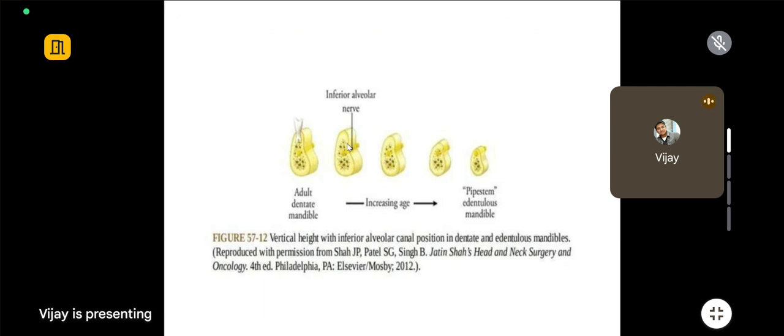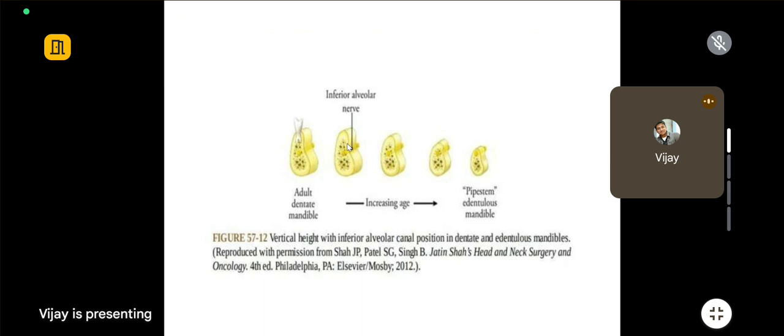Normally in a dentate patient, you can understand clinically that the normal position of the mental foramen is somewhere between the first and second premolar, towards the apical third of their root.